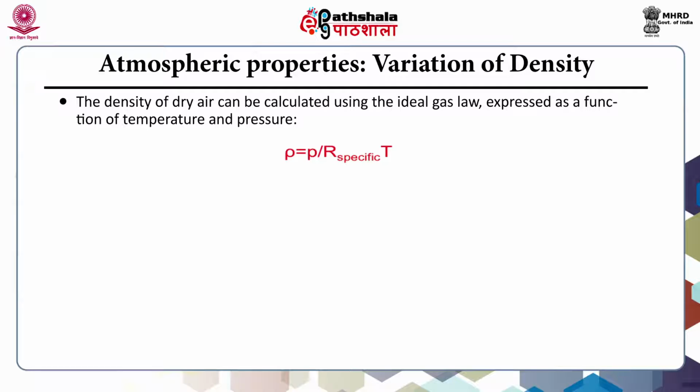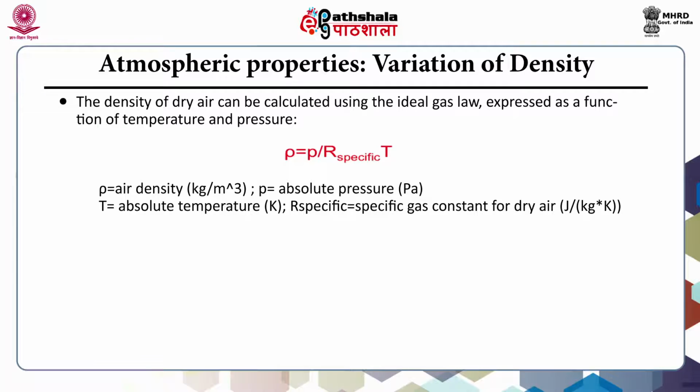The density of dry air can be calculated using the ideal gas law, which is expressed as a function of temperature and pressure, where rho is equal to P by R specific T. Here rho is the air density in kilogram per cubic meter, P is the absolute pressure in Pascal, and T is the absolute temperature in degrees Kelvin.